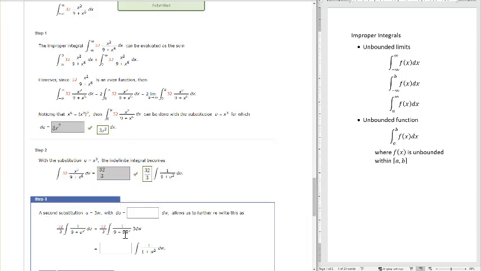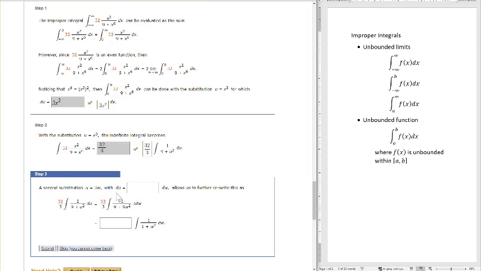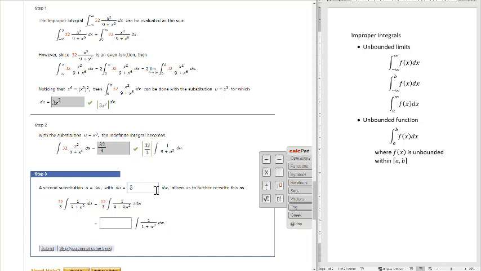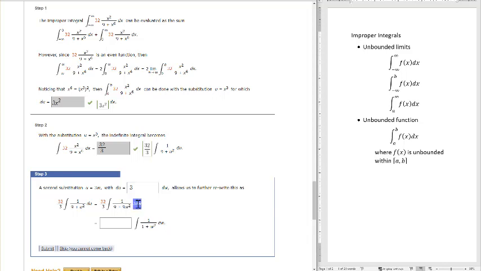Now that we have that, we can do another substitution just to make this be 1 plus w squared. With u equals 3w, then du is going to be 3 times dw. And that will allow us to replace our du with this 3.